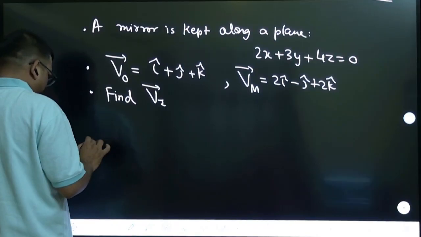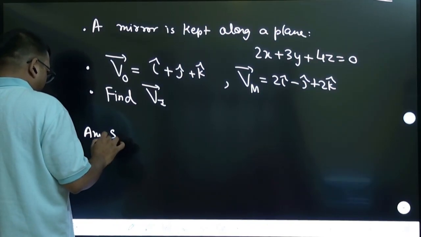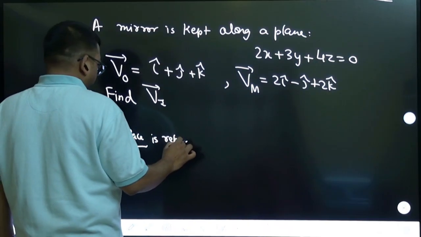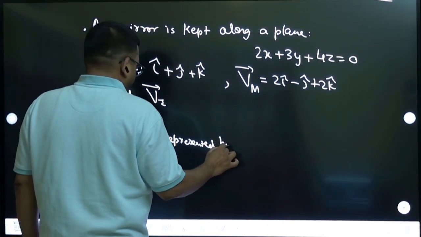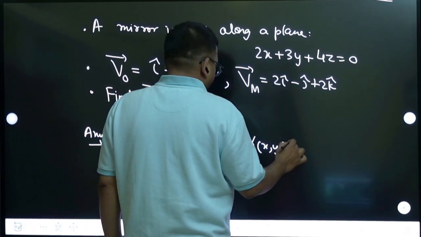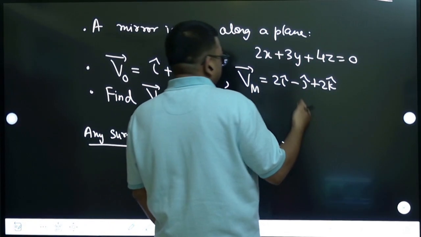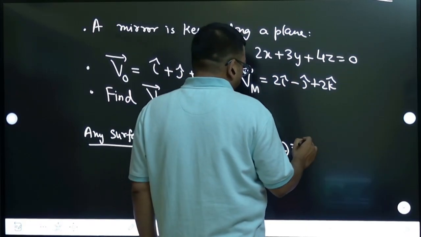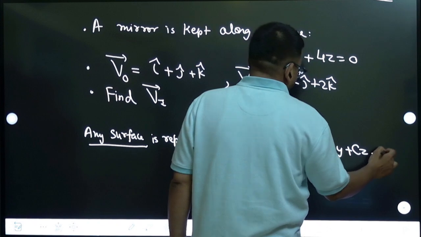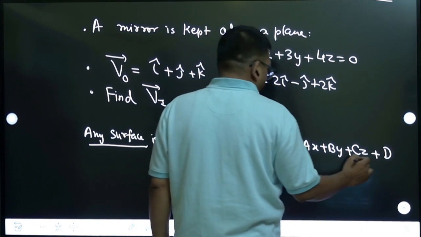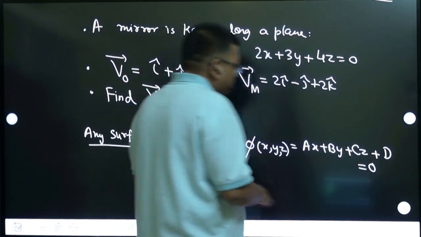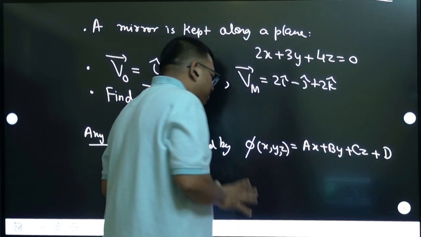Any surface is represented by phi, a function of x, y, z. For example, if it is a plane, it can be written as ax plus by plus cz plus d, and phi equals 0. This function represents a surface.